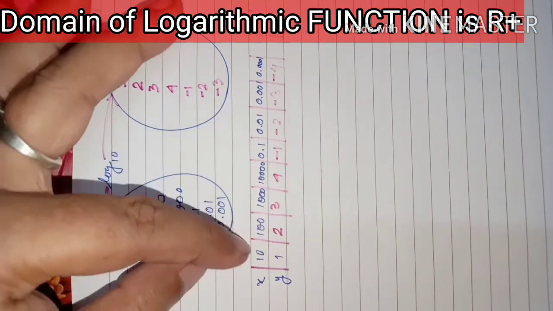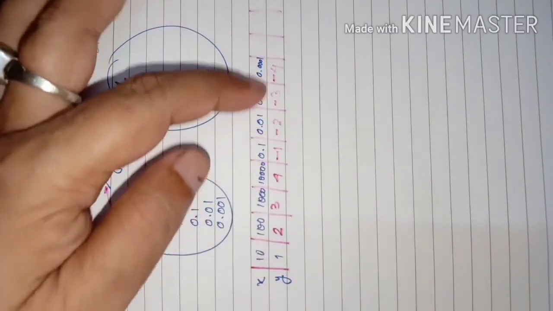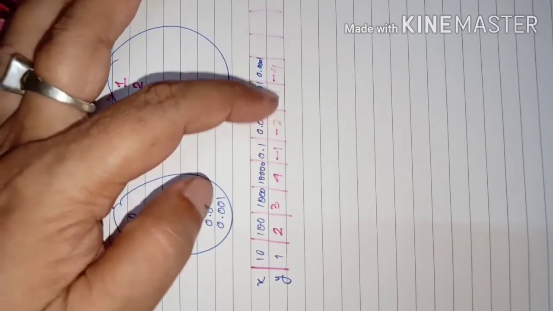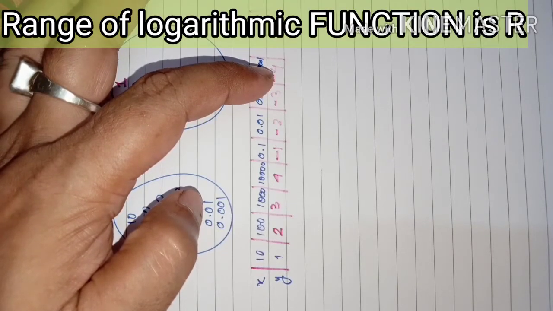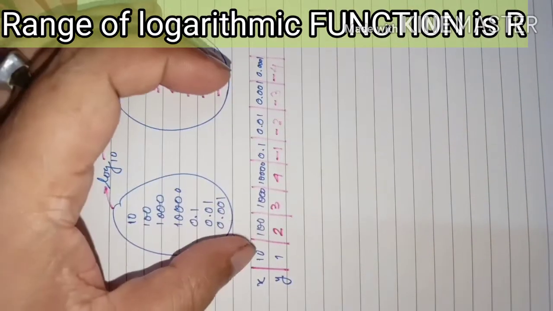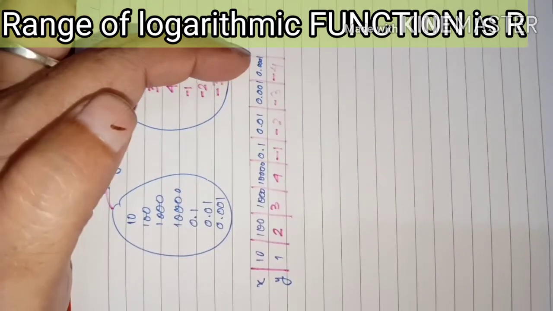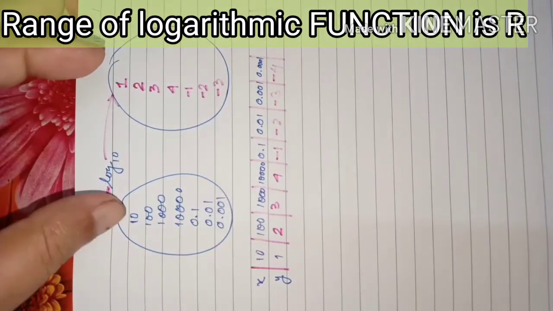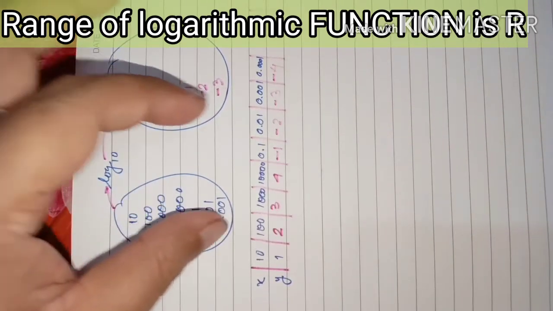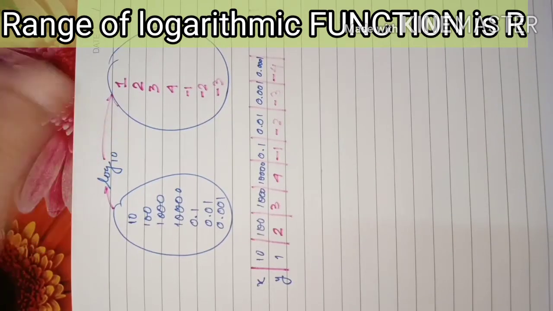As the value of x is decreasing, the value of y is also decreasing, and it is going to be very, very small, but the value of x is never going to be 0. No, the value of x is never going to be 0, because we are saying all the positive numbers. So then we will be getting the graph this way, just you see.